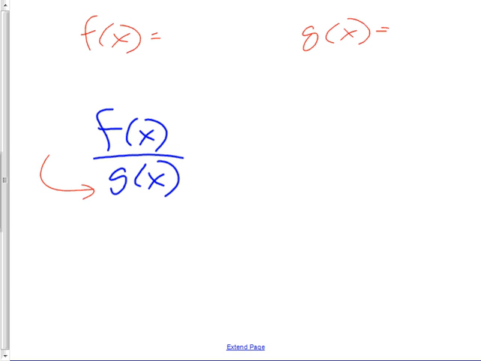That adds an extra twist to this kind of problem. So only on the divide ones, whatever's on the bottom, you can't let it be 0. Even though normally functions can equal 0, if it's on the bottom of a combined function, you're not allowing it to be 0.